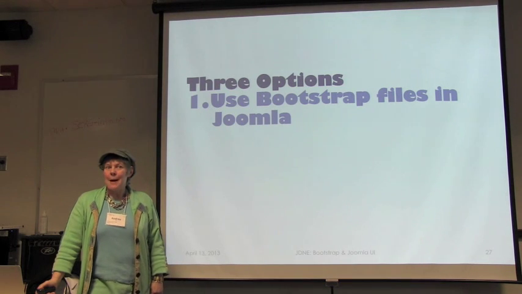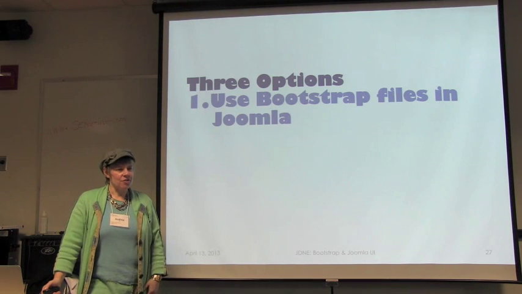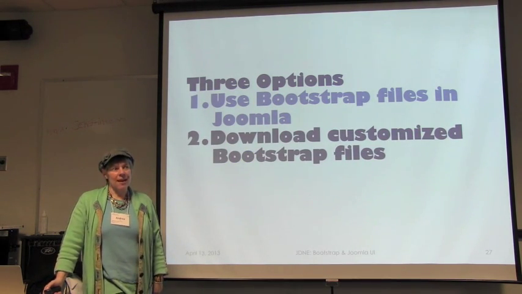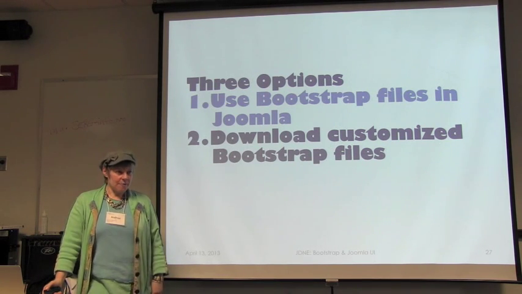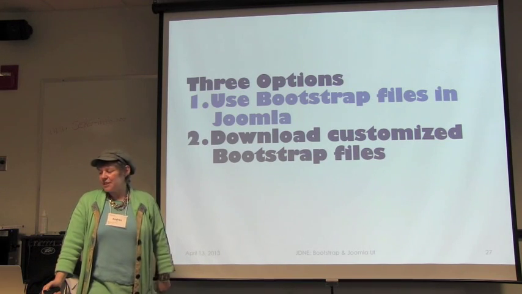So you'd need to add the Bootstrap files yourself. The second way that you can do it is you can download a customized Bootstrap files. And I'll show you how that works when we go over each of these sections.